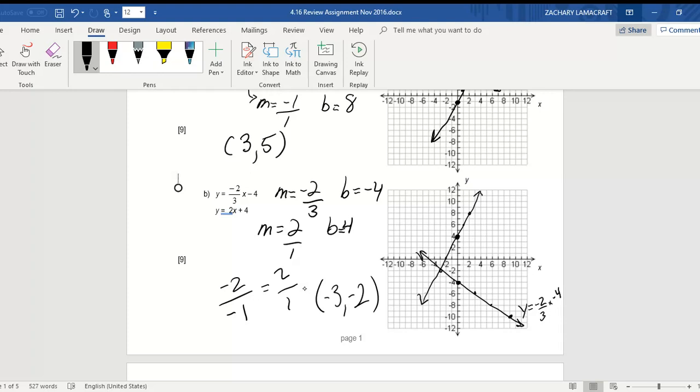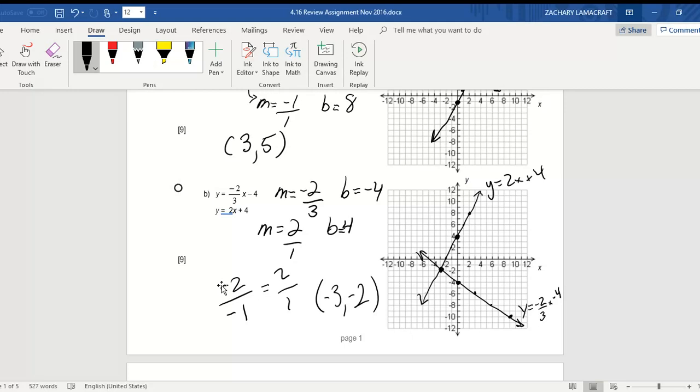And again, this point being the most important, that is our point of intersection or solution, and making sure that I label as well for full marks. Does anyone have any questions about that? Concerns, comments? No, we're good?